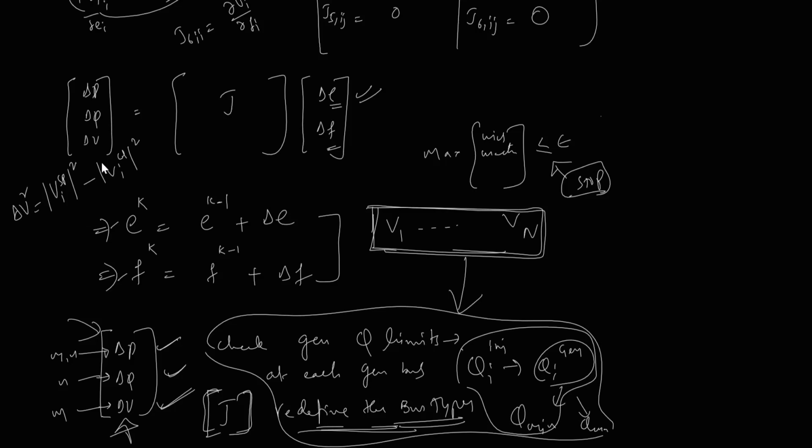So this is del V square. This is a small correction: not del V but del V square. So this is the complete form of the Newton-Raphson in rectangular form.